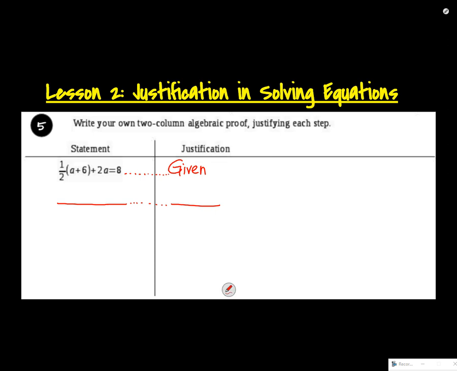Now, you're going to make different decisions than I may make. Sometimes you could combine like terms later than I would. That's okay, as long as when you do it, you're justifying that at the right time.